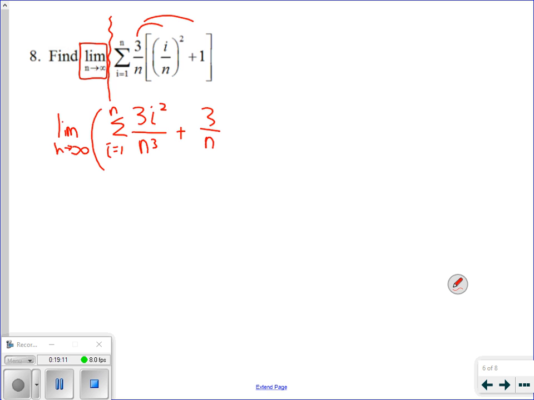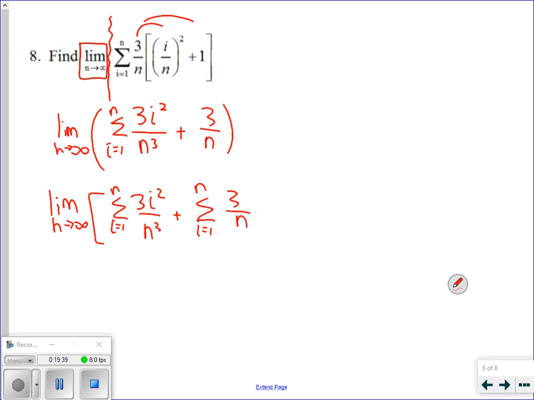We're doing the same steps as before. We distribute everything out. Now let's split this up into multiple summations because we're trying to use those summation properties. I'll use brackets. We got the summation i equals 1 to n of 3i squared over n cubed, plus the summation i equals 1 to n of 3 over n.